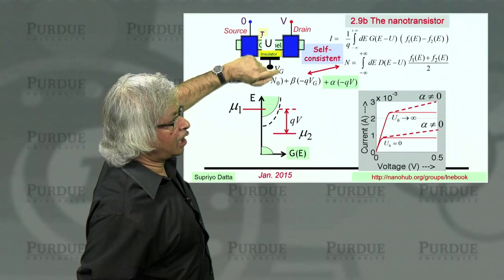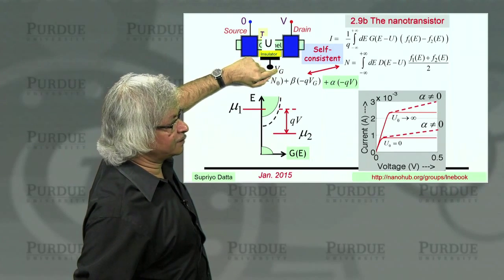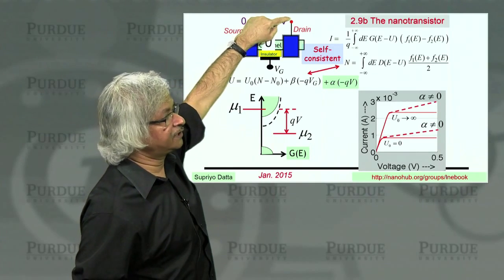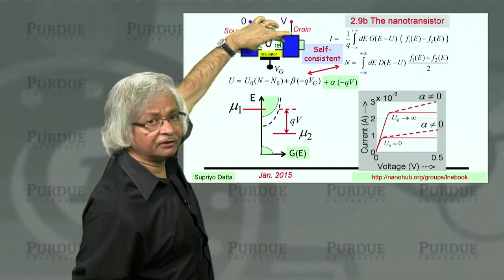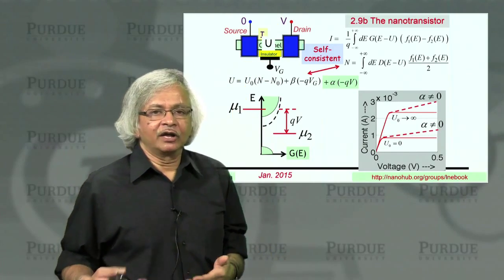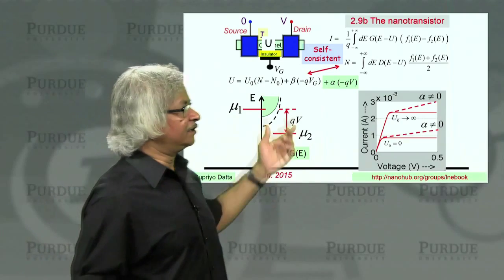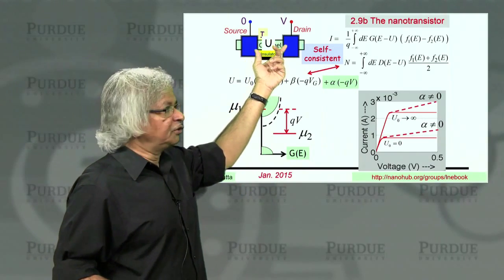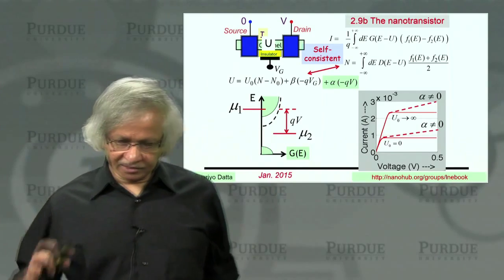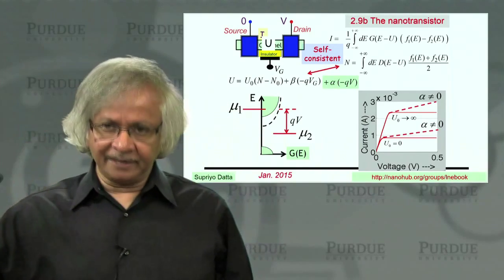How effective the gate potential is depends on the thickness of the insulator. How effective the drain is depends kind of on the length. And as the devices got smaller, the drain got more and more effective in terms of controlling the channel potential. Sometimes people call this DIBL, that is drain-induced barrier lowering.